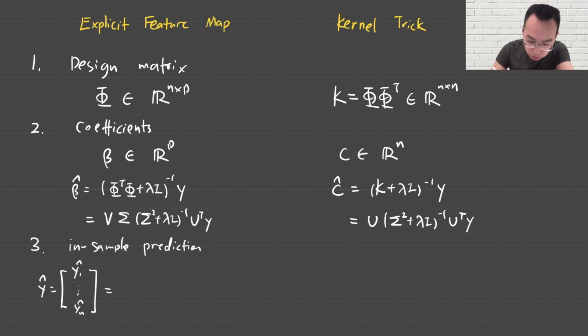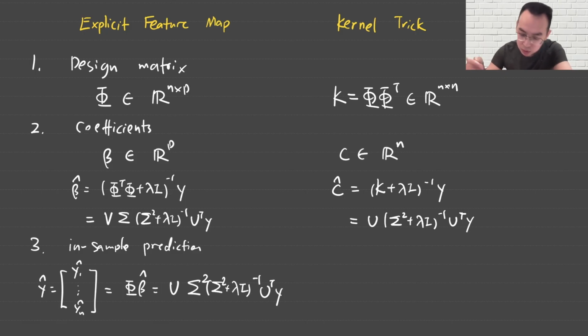That's going to equal phi beta hat. And for the SVD formula, I'm just going to write out the SVD, and that's going to be U sigma, times sigma square plus lambda I inverse U transpose Y.